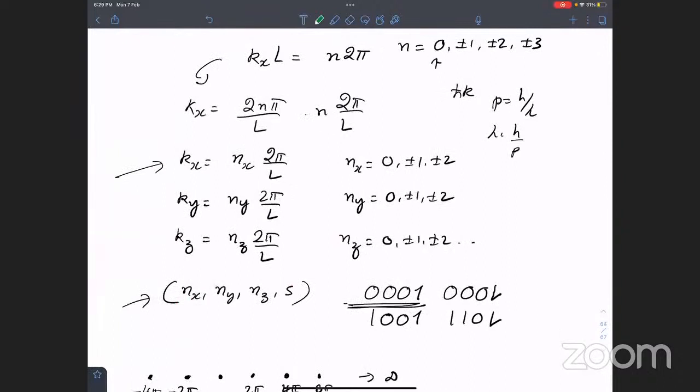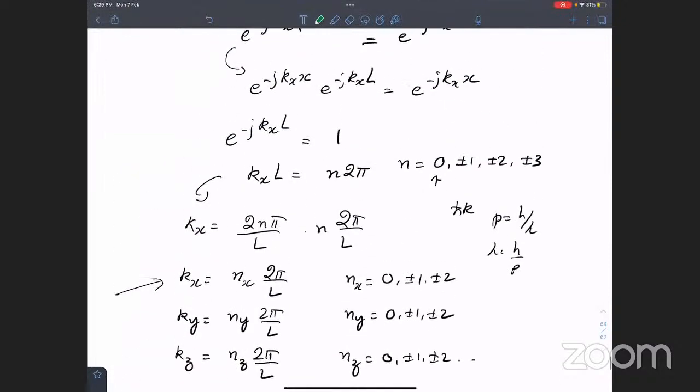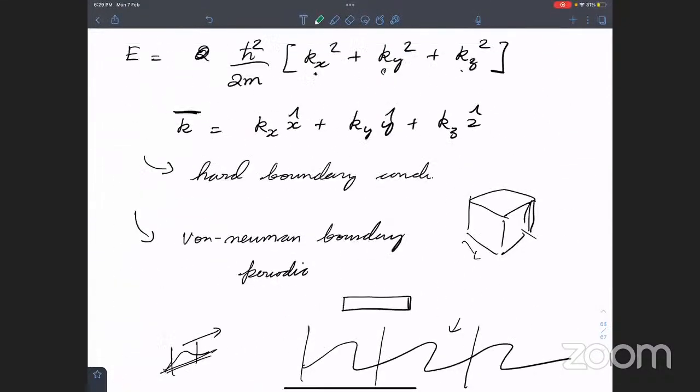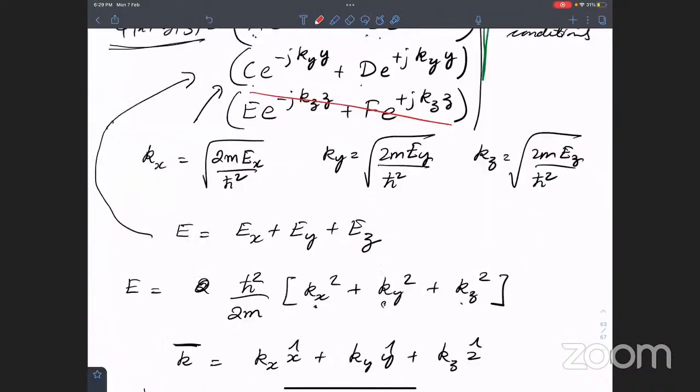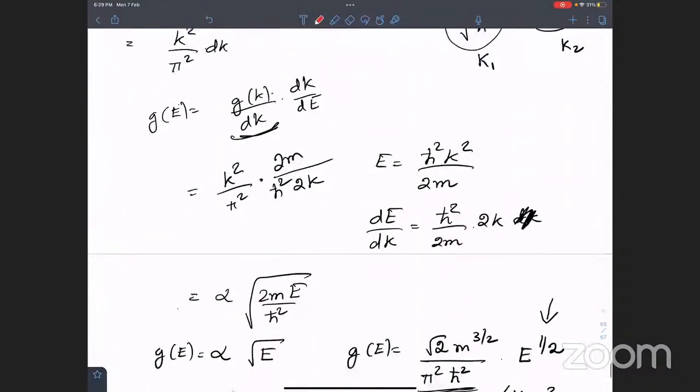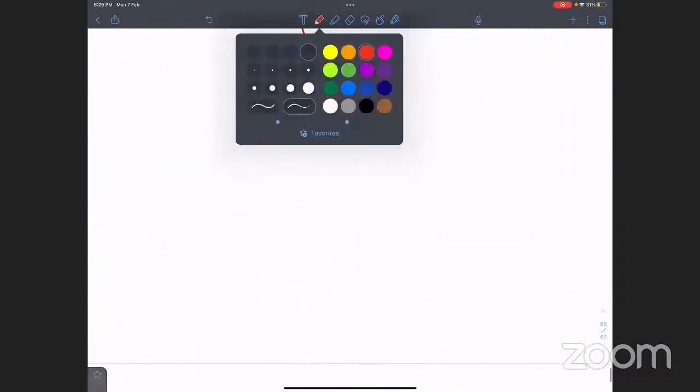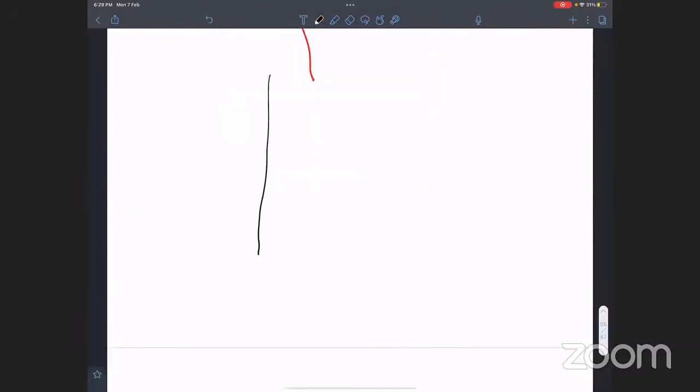Now, once you solve it in 3 dimensions, the other things are actually quite easy, because now you can go to 2 dimensions. What happens in 2 dimensions? We have the wave function looking exactly like this, except there is no Z dependence. This part goes away. Now let's look at the K-space depiction for a 2-dimensional quantum system.